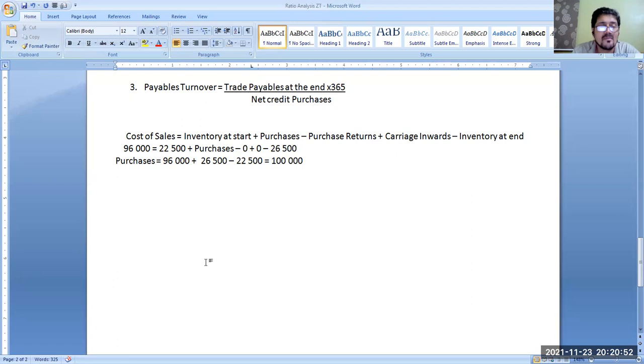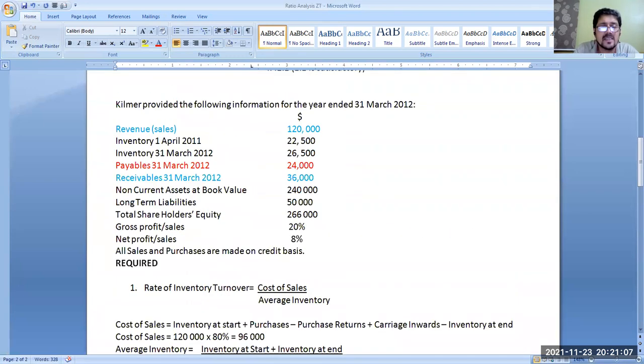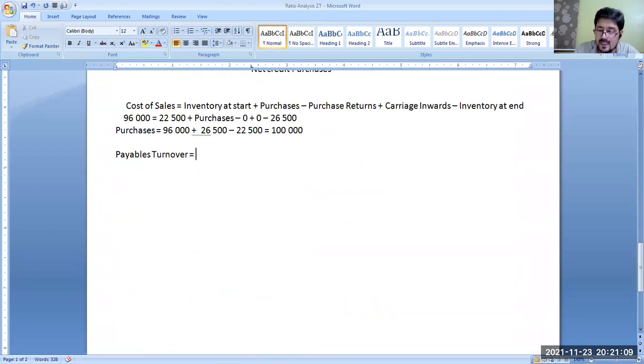Now we can easily calculate payables turnover. So payables turnover would be how much? Trade payables at the end of the year, which is 24,000, multiplied by 365, divided by net credit purchases 100,000.